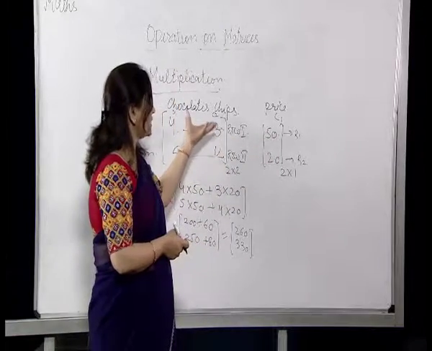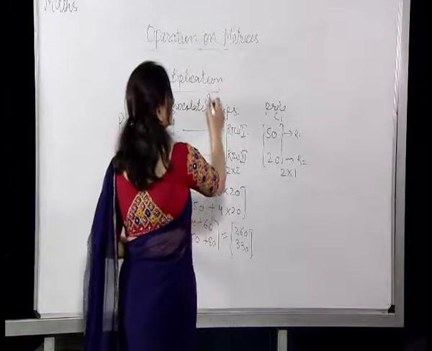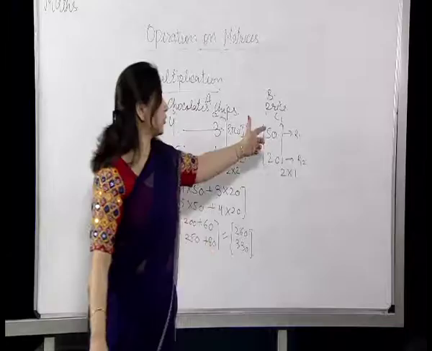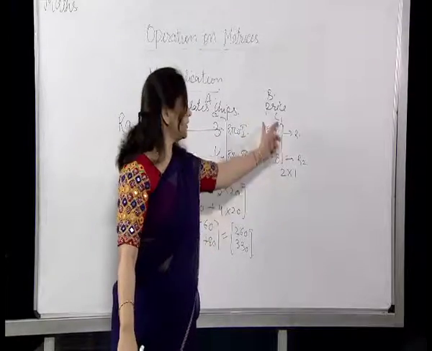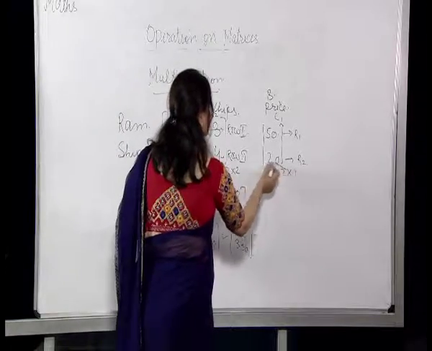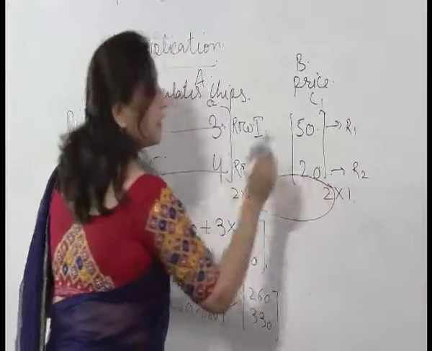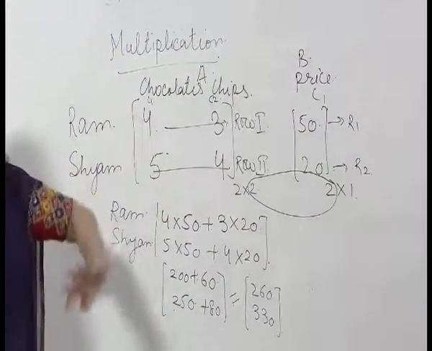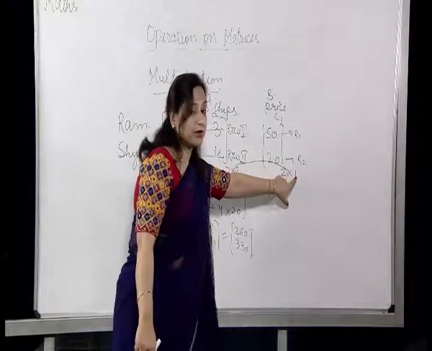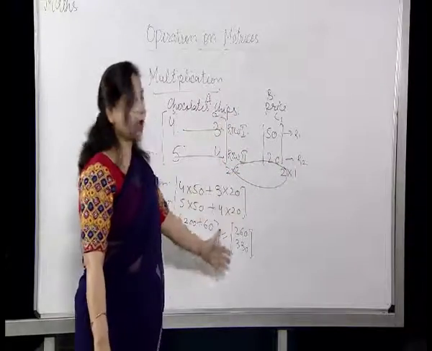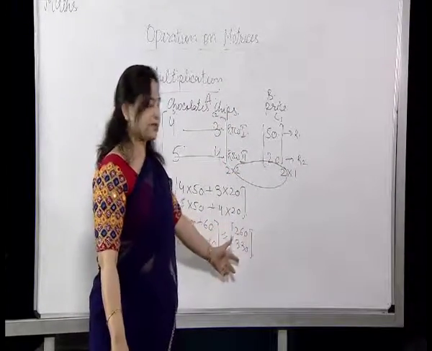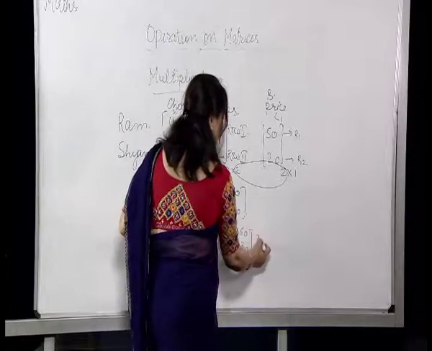Number of columns in matrix A should be same as number of rows in matrix B. That means these two should be same. And what will be the order of the resulting matrix? The order of the resulting matrix will be 2 by 1. Let's check. Are you getting the order 2 by 1? Clear. This matrix is having order 2 and 1.